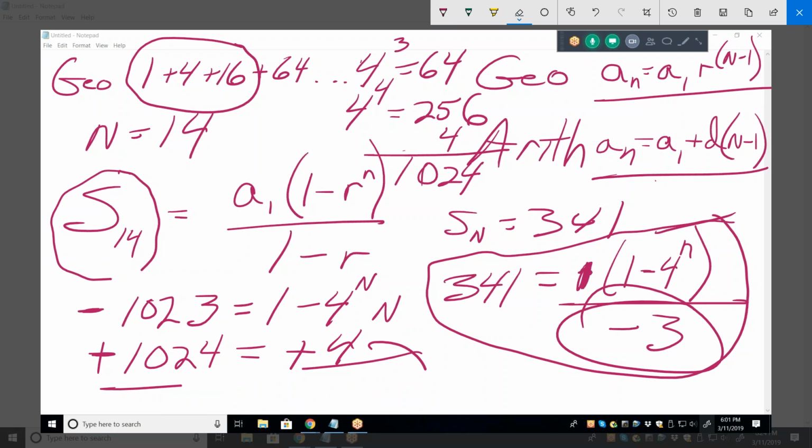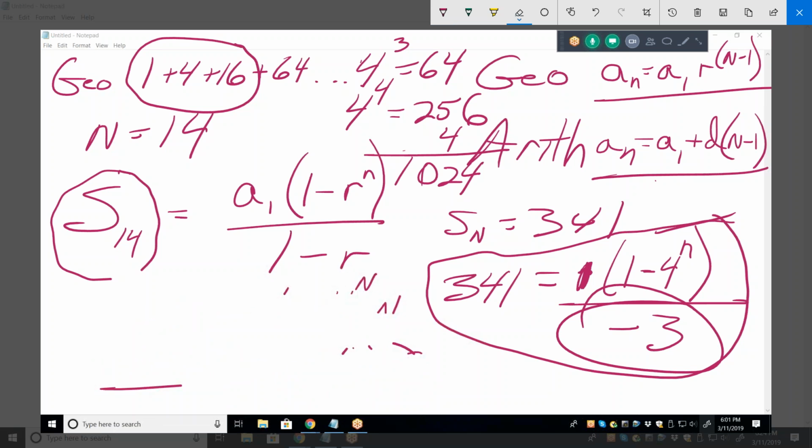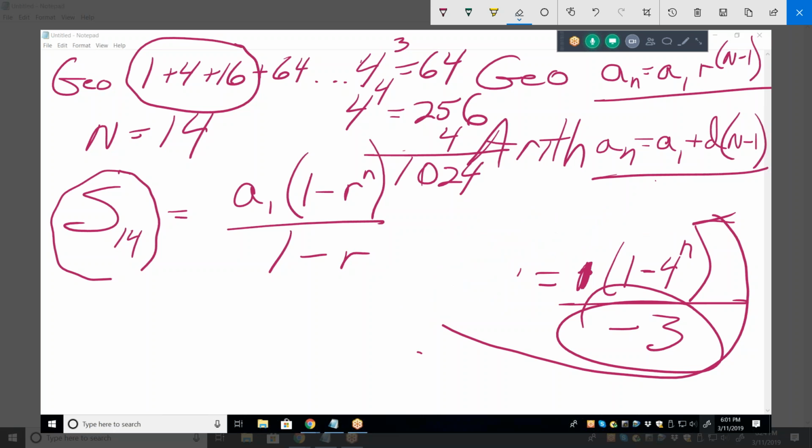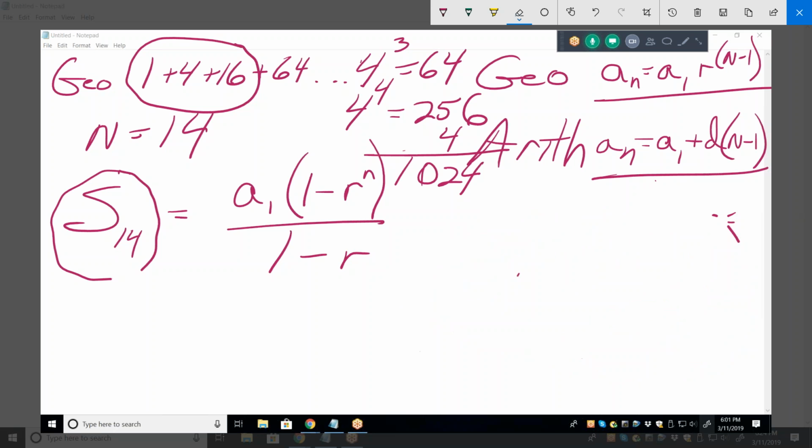In other words, here, let me give you another example of what I'm talking about. If I say 8 equals 2 to the x, can you figure out what x is? Yeah. It's 3.